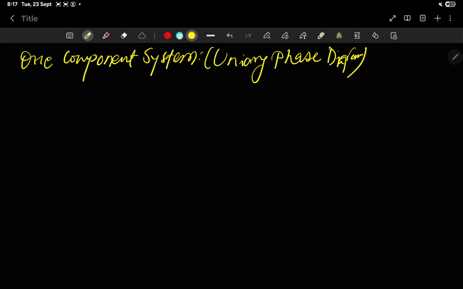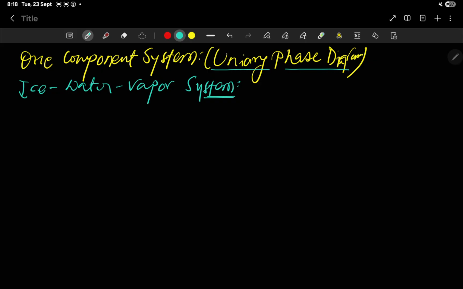So here it will be the ice, water, vapor system. I hope we have already learned this in the first page of this lecture, but let's sequentially understand how we define a unary phase diagram. This is unary, then in future we will get different binary and ternary phase diagrams. So let's first try to understand this.